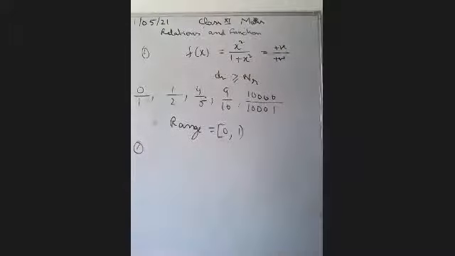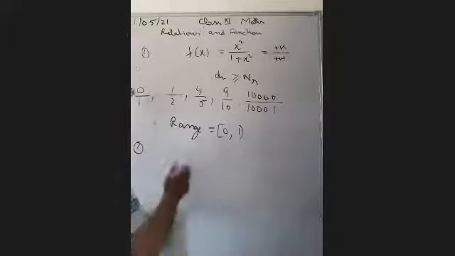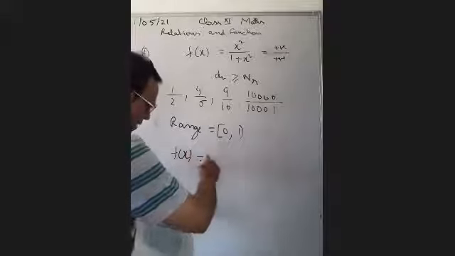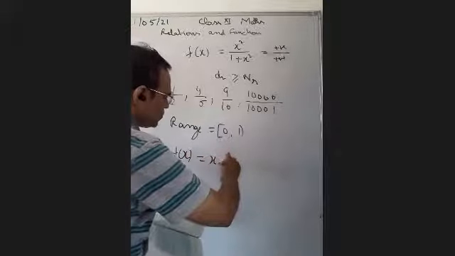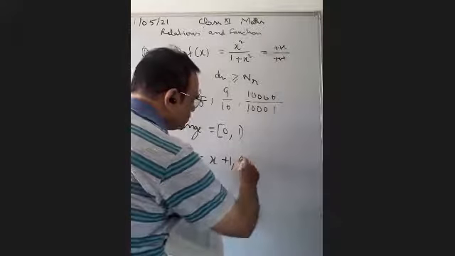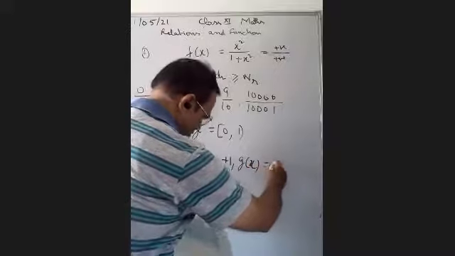Now see the question number 7. If R to R, they have given you some function fx is equal to x plus 1 and gx is equal to 2x minus 3.